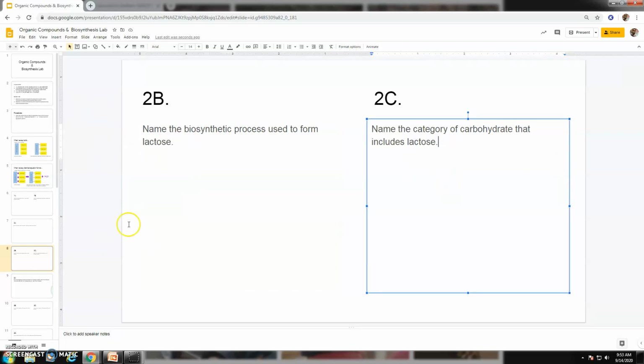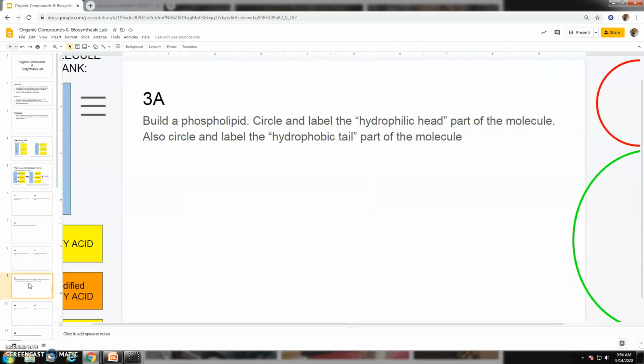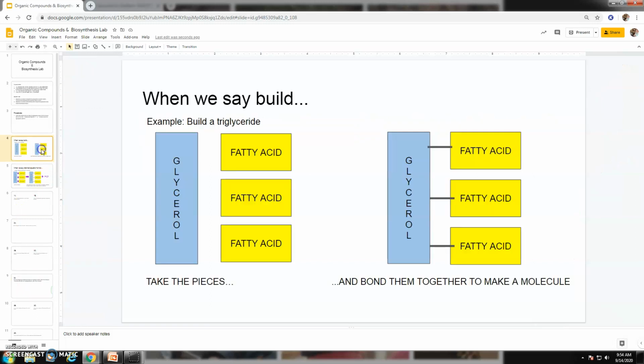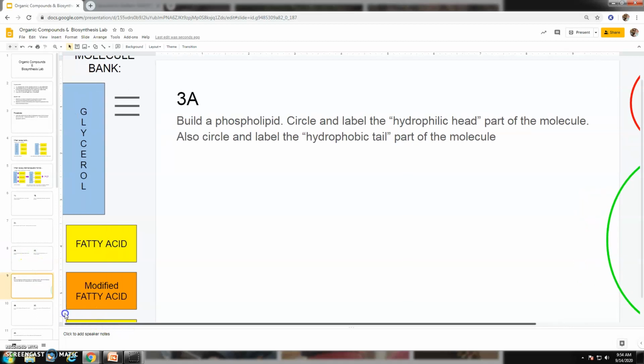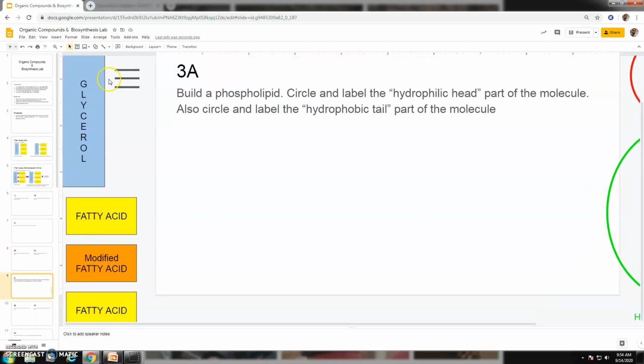Same thing for 2C. Going down to 3A, it says build a phospholipid. So that goes back to a question like this. When we say build, you're taking the pieces and you're going to bond them together. So right here, build a phospholipid. On the left, you're going to see all the pieces you need.